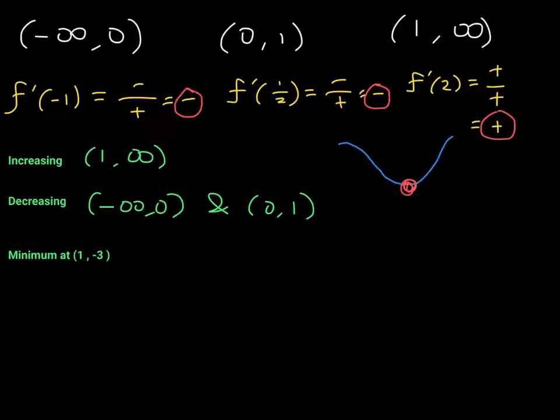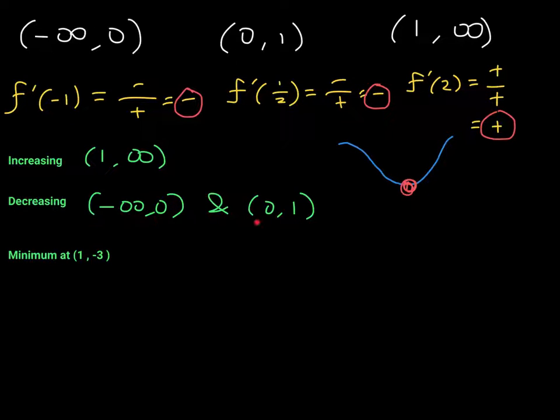Now, one last thing before we move forward is this would be a local minimum and also an absolute minimum. And the reason we know that is because this function is decreasing from negative infinity to 1. I was going to say from negative infinity to 0, but really it continues to decrease all the way from negative infinity all the way to 1.